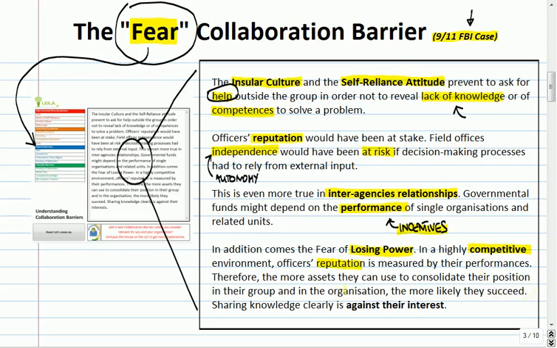Therefore, the more assets they can use to consolidate their position in their group and in the organization, the more likely they succeed. Okay? Sharing knowledge clearly is against their interest. So we go back to the fact that here we have a case where they are clearly aware that it would add value, but it goes against their interest. So here we have to work on the incentive dimension.